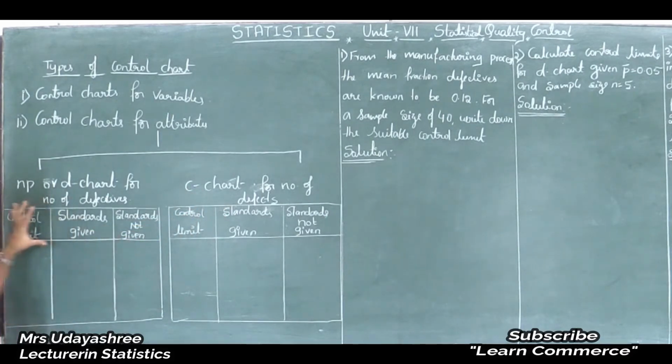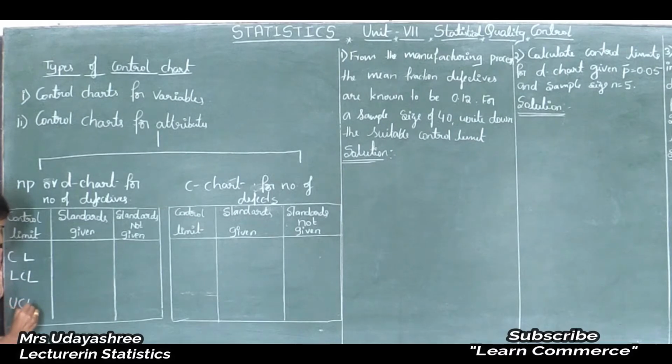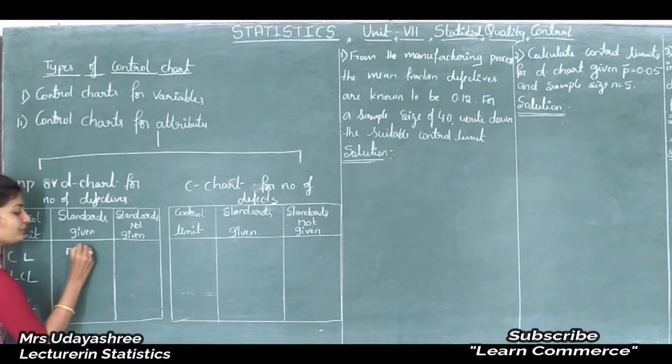Now let's see the control limits for NP chart. We know that there are three control limits, that is central line, lower control limit and upper control limit. Now let's see the formulas in standards given case for NP. To calculate the central line for NP in standards given case, the formula is n into p dash.